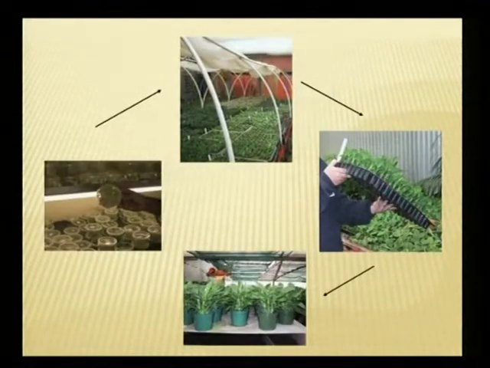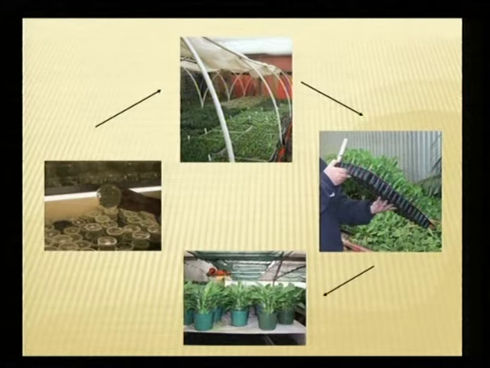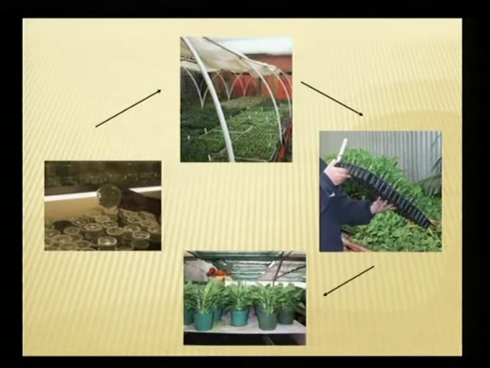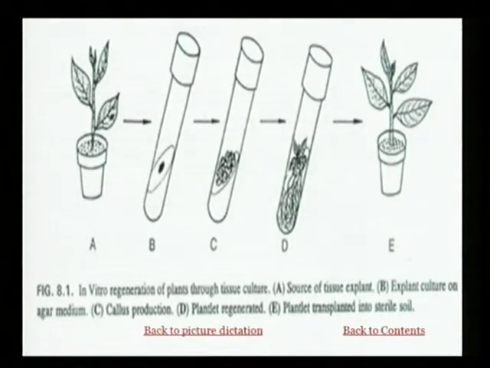See how the plants are transferred to pot plants. The soil used for culturing is raw. Here we take a plant, and the explant is taken as a mass.